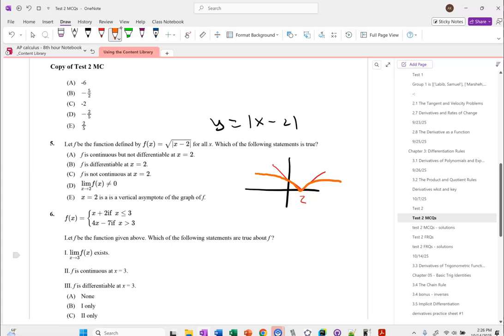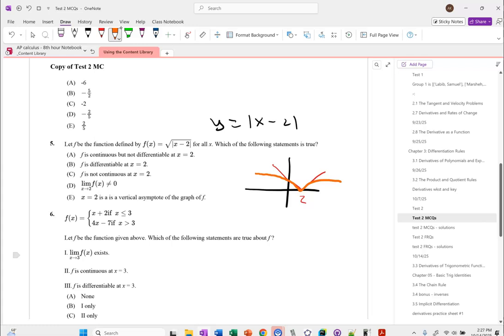I kind of still graphed it, but I wanted to talk through it. I don't actually need points. I just need to know kind of what it's going to look like, right? The fact there's a corner with the absolute value is probably enough to say we're going to lose differentiability here. But because I'm square rooting a positive, because of the absolute value around it, it's going to be continuous everywhere.